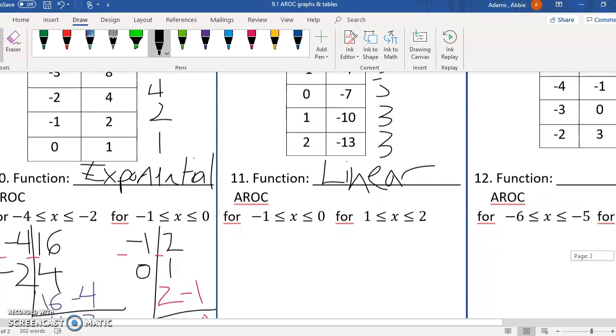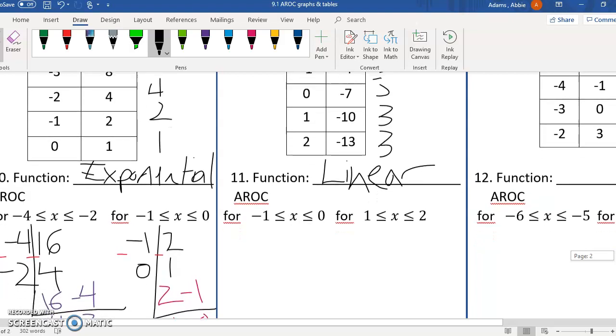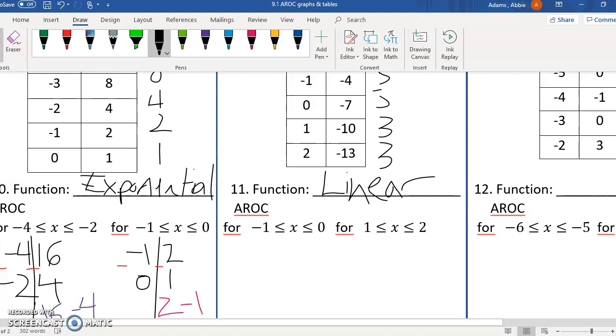Let's double check that by finding our average rates of change here. So when x equals -1, y equals 4. And when x equals 0, y equals -7.